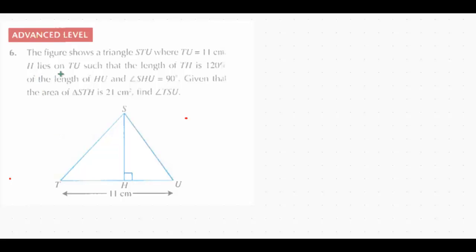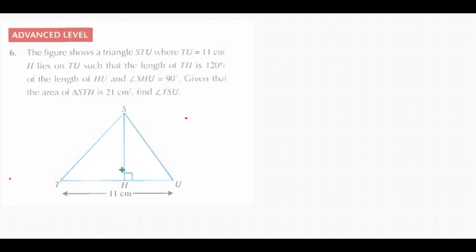H lies on TU such that the length of TH is 120% of the length of HU, and angle SHU is 90 degree.